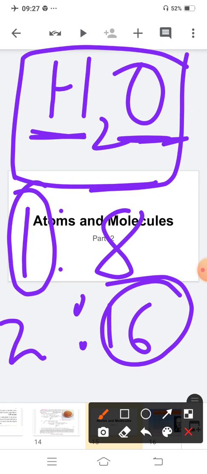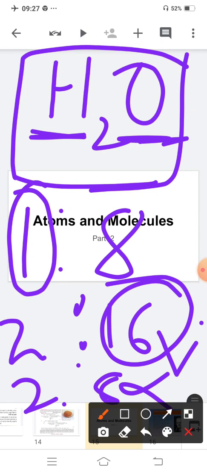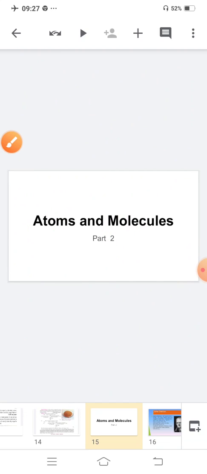You can't take 2:8. This is wrong, this is right, because they are in a definite proportion. So our second law states that the ratio should be constant. You can't change the ratio to prepare the same molecule.